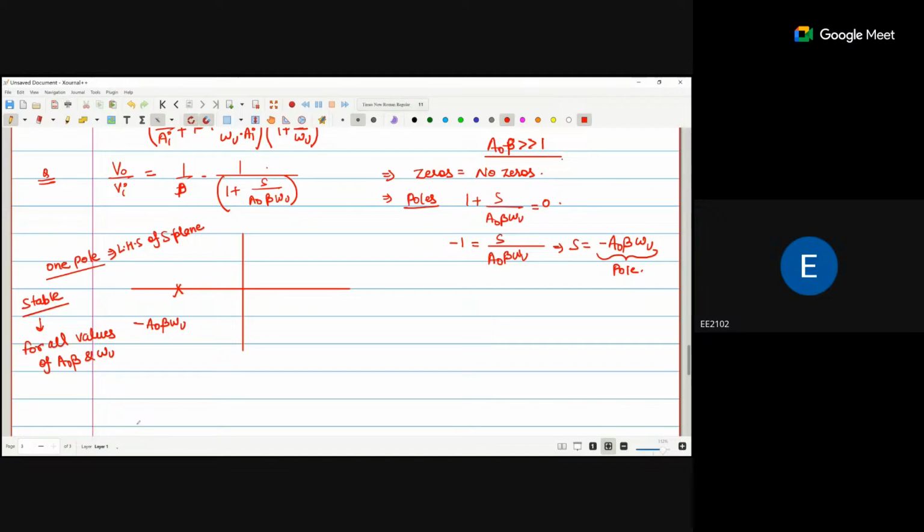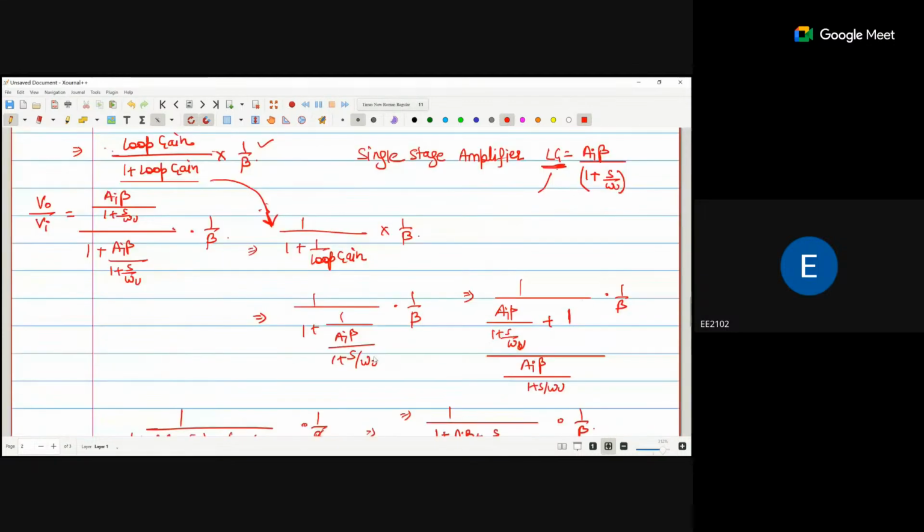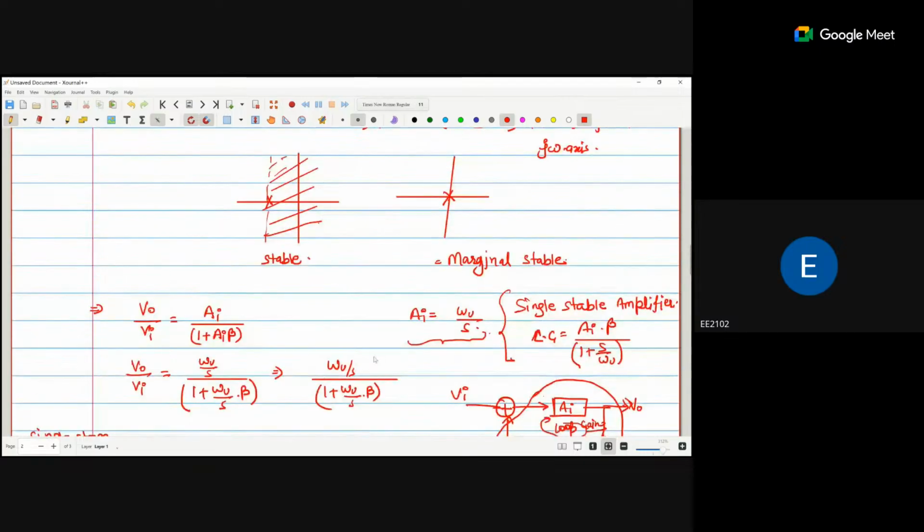Because we have two terms, one is the loop gain and one is basically the open loop bandwidth. This is the gain of the op amp, and this ωu is the open loop bandwidth. Why is it called the open loop bandwidth?